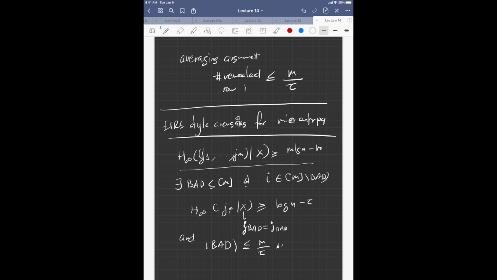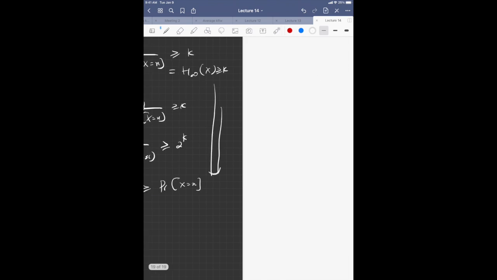We can't say just that there are some revealed rows and every unrevealed row has high min entropy, but we can say that every unrevealed row has high min entropy if you fix the j for the revealed rows. And this is not going to be too hard. So we'll see this argument.